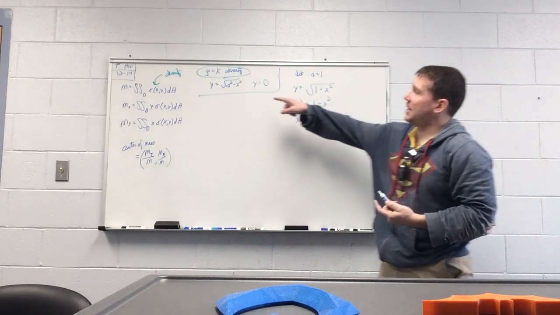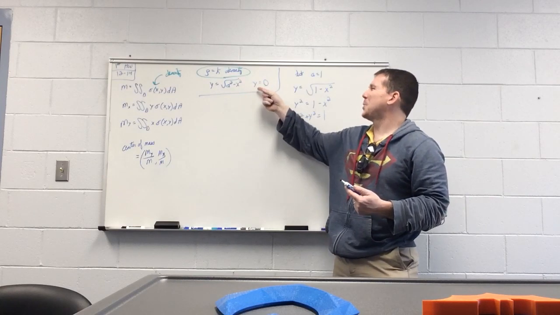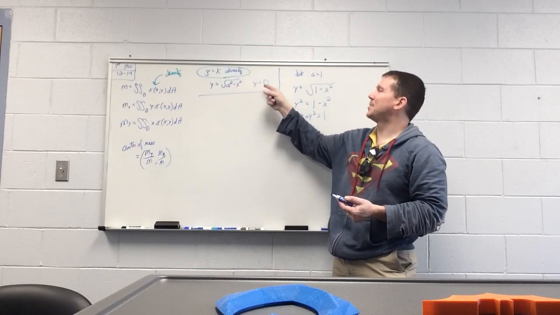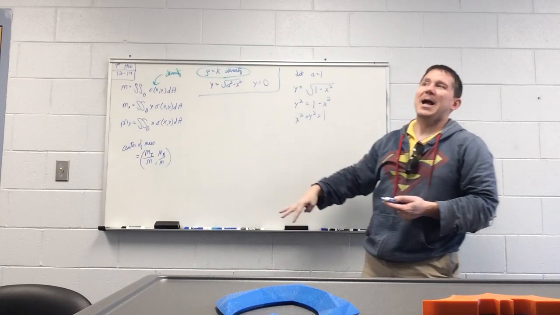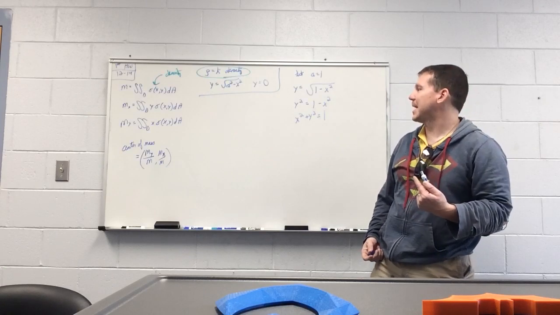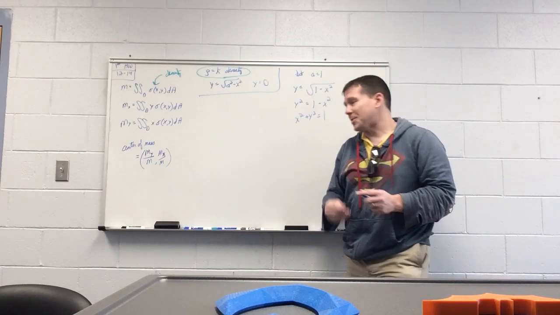And now I know that in general, all of these are circles, or in this case, since we want the positive, it's the top half circle in the xy plane, and y equals 0. These are just all half circles centered at the origin above the x-axis, and A is just my radius. So now I know what I'm doing.